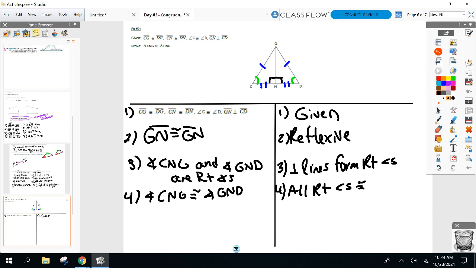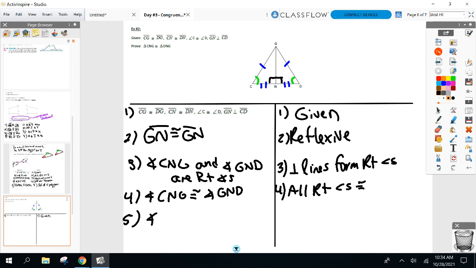How many angles do I have now? How many pairs do I have now congruent? The right angles and the given one, C and D. So I just need the third pair. And there's no way that you can tell me other than the third angles theorem.